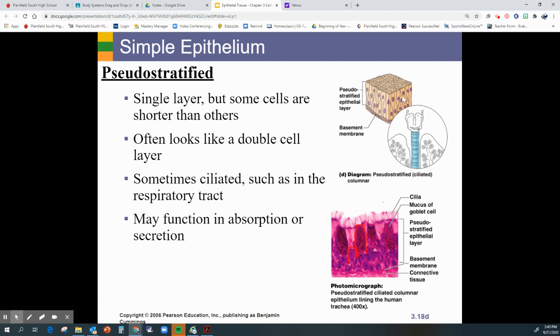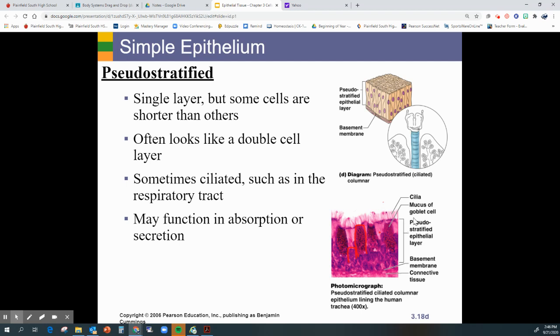This is a drawn version of that same thing. You can see some of them have their nuclei at the bottom, some of them at the top, so they look like a double layer of cells. They're actually a single layer. They're sometimes ciliated, so you can see this cilia up here at the top, little hair-like projections. We most often find these in the respiratory tract.